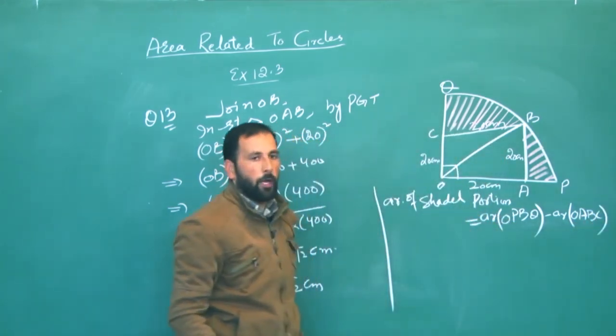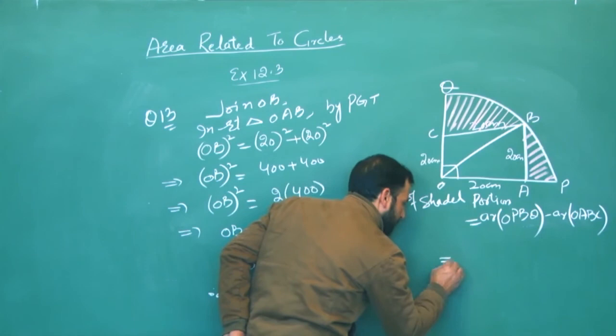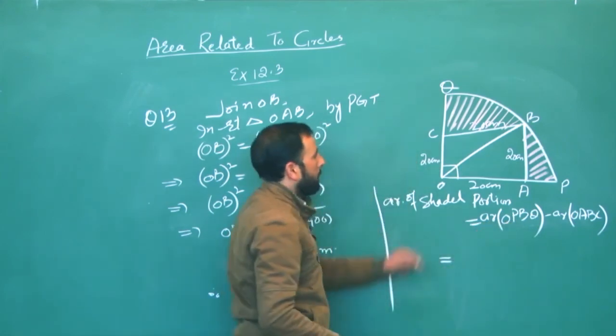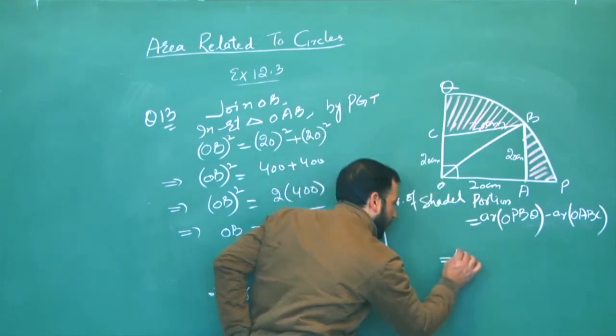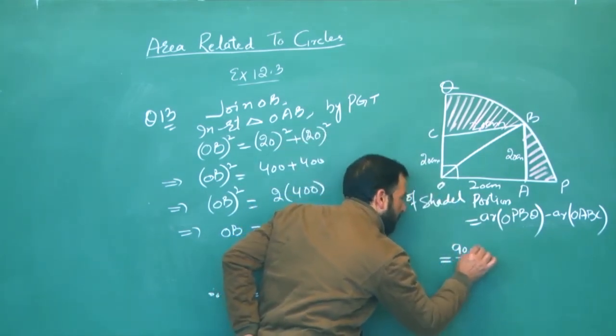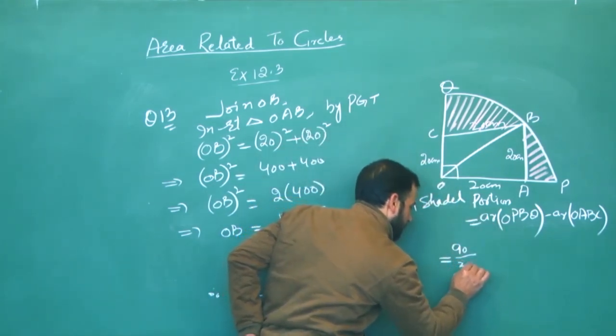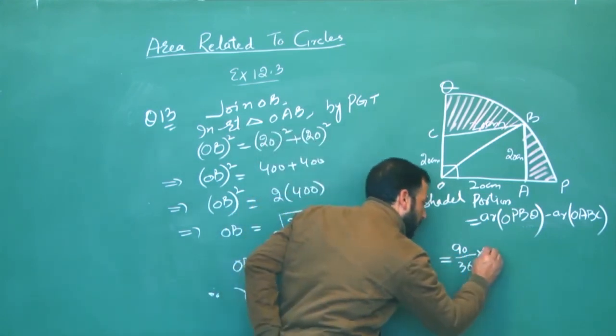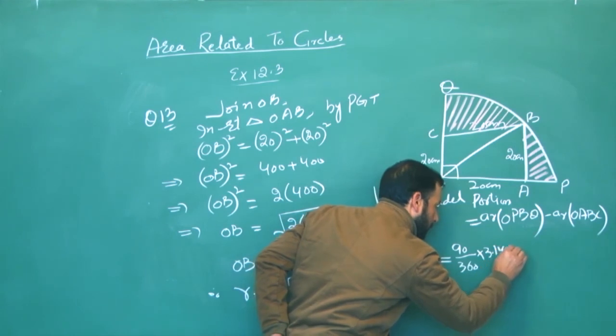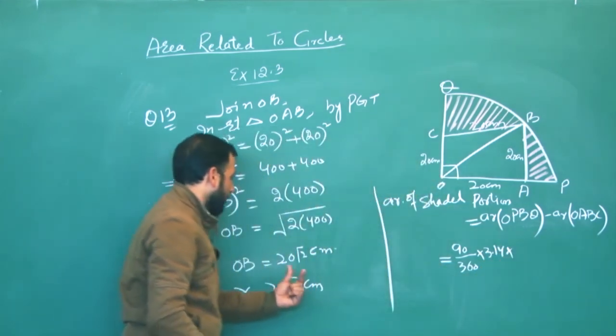What is OABC here? It is a square. So area of quadrant OPBQ is equal to theta divided by 360. What is theta here? 90 divided by 360 into pi. Here we use pi as 3.14, into r square. What is r here?